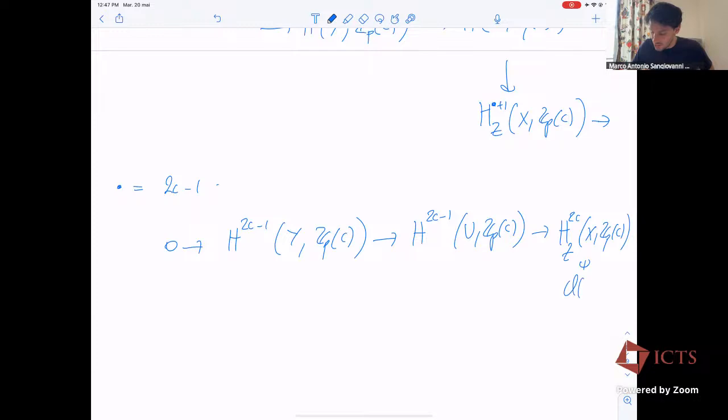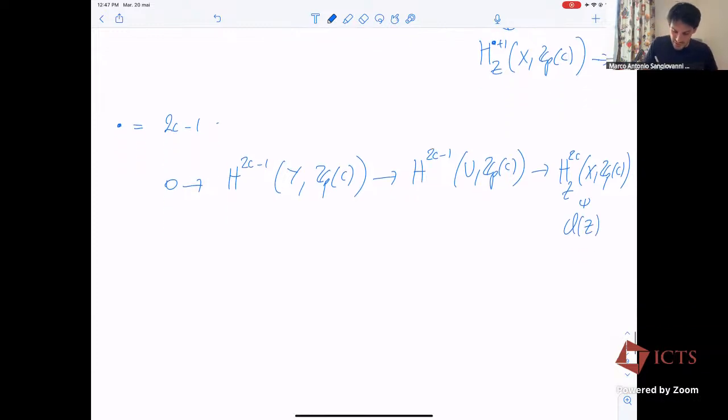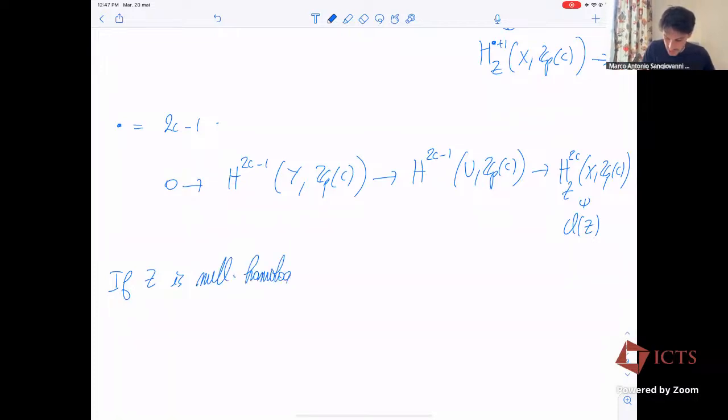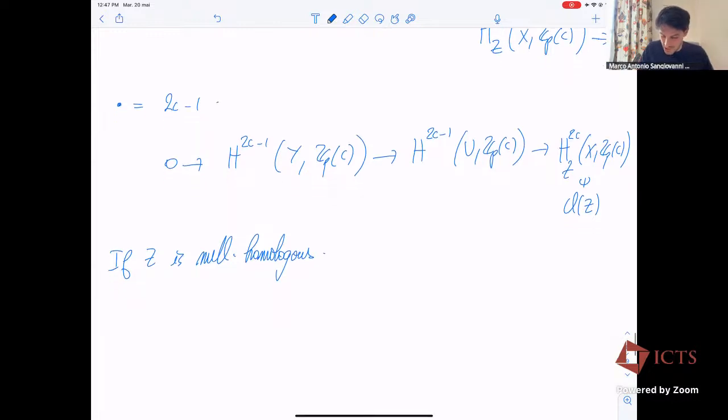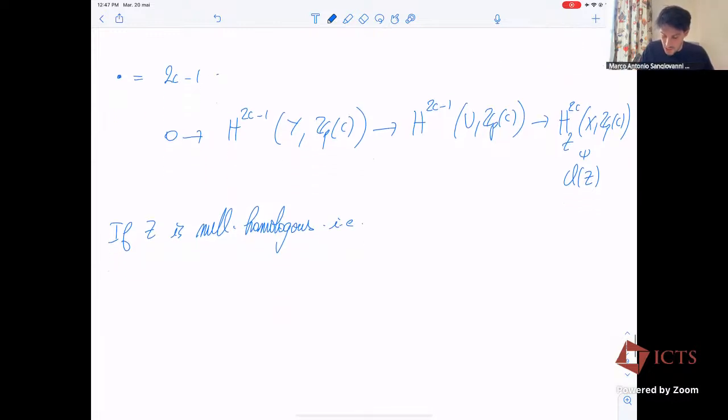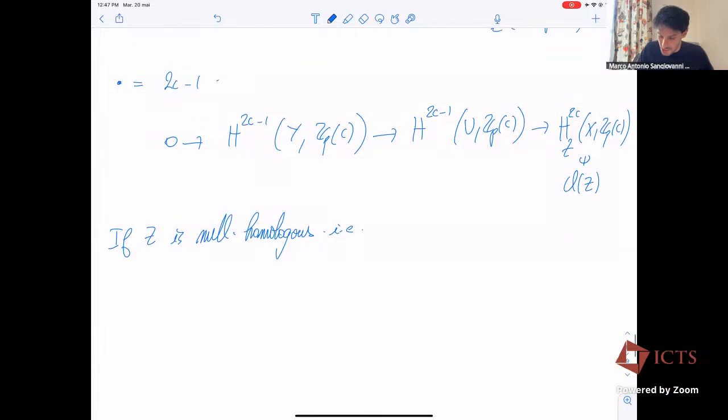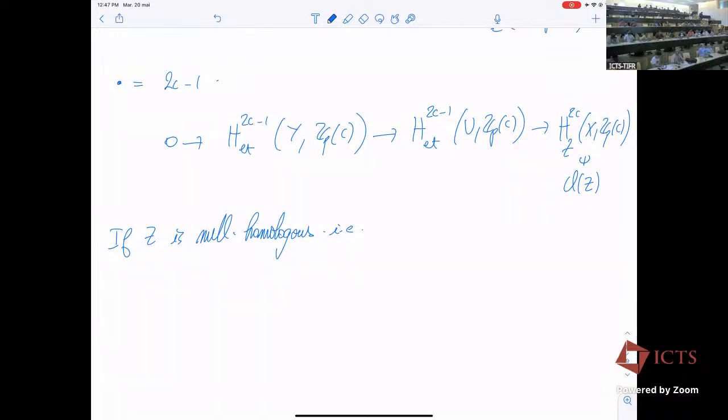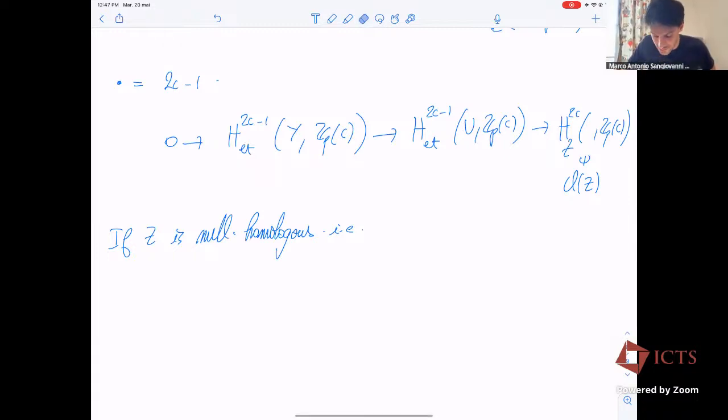And here you have your class of Z. So if Z is null homologous, this means it maps to 0. So this is all geometric étale cohomology, by the way. So what is X? X is Y. I'm sorry. Thank you. Yeah, X is Y.